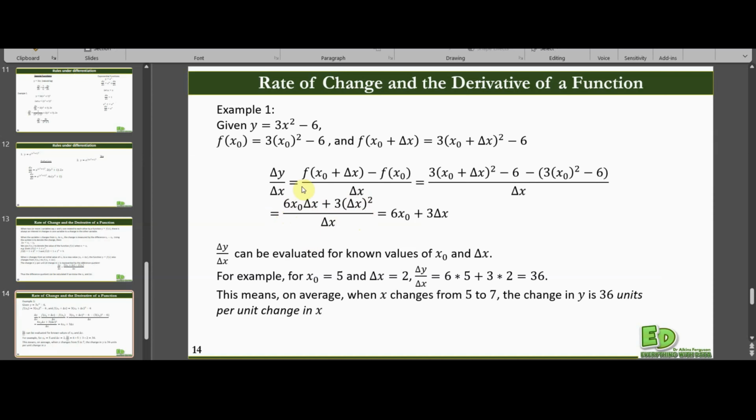So this Δx cancels this, leaving us with 6x₀ + 3Δx.